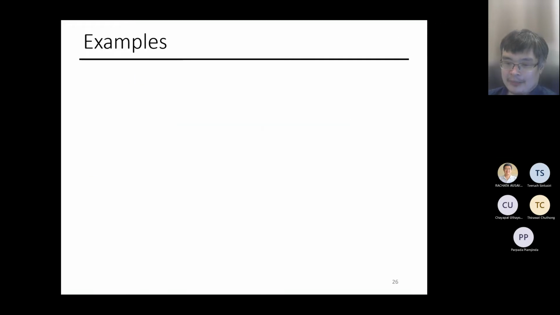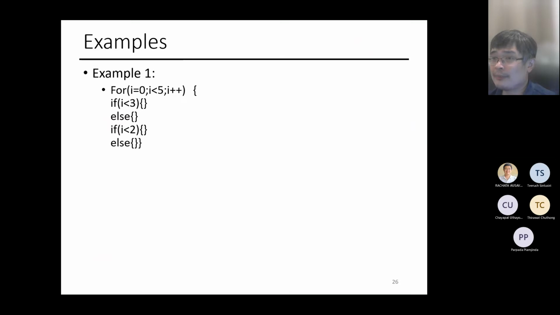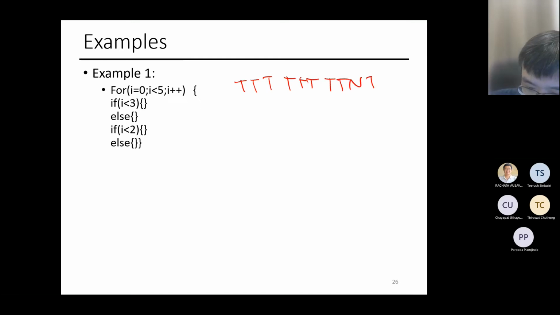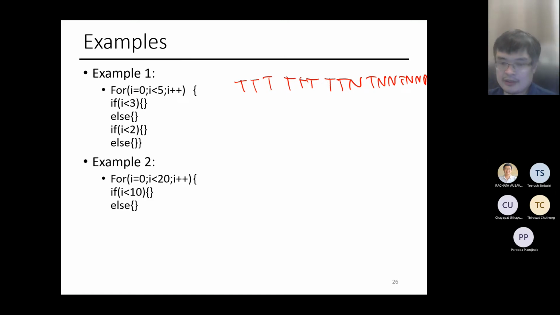So here's my example. Let's go with the same program we saw earlier. So the pattern is taken, and not taken, right? So that same pattern. Second example again, you can do it afterward.